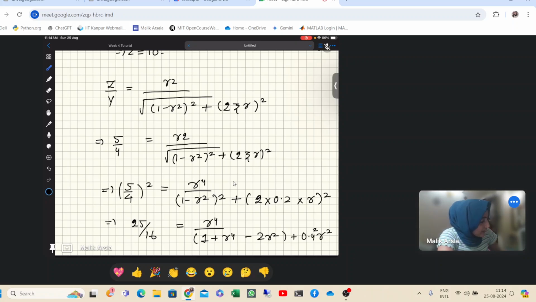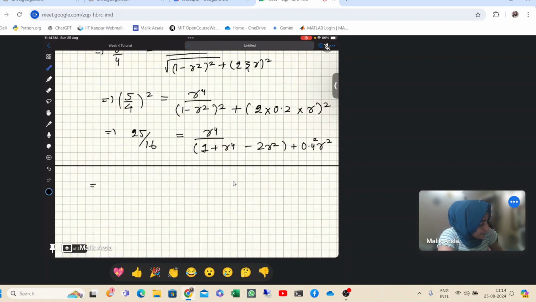Now we can cross multiply, so it will be 25 into (1 plus r to the power 4 minus 2 r square) plus 25 into 0.4 square into r square is equal to 16 r to the power 4.